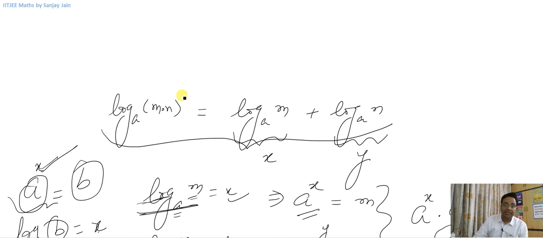Now I can take any number of terms here and it will convert into summation form, right? We said this in the beginning of this lecture. Now if I take, let us say, log b raised to power n and the base is a, how can I think about it?